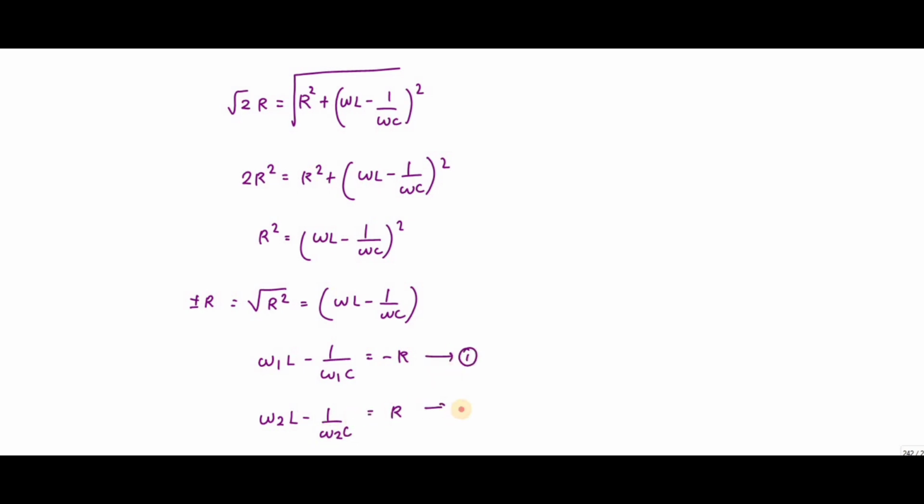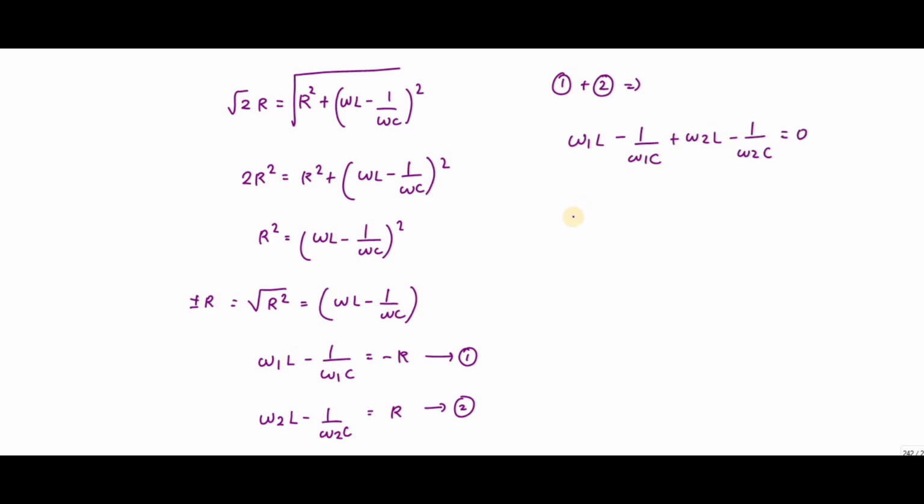So this is my first equation, this is my second equation. So I am going to add the first and second equations. If I add these two equations, I will get omega 1 L minus 1 divided by omega 1 C plus omega 2 L minus 1 divided by omega 2 C, that is equal to 0. Okay.